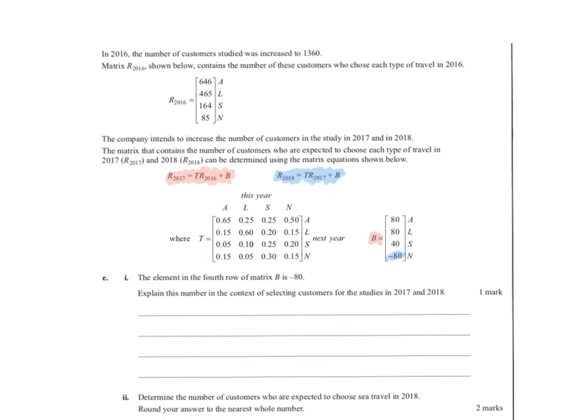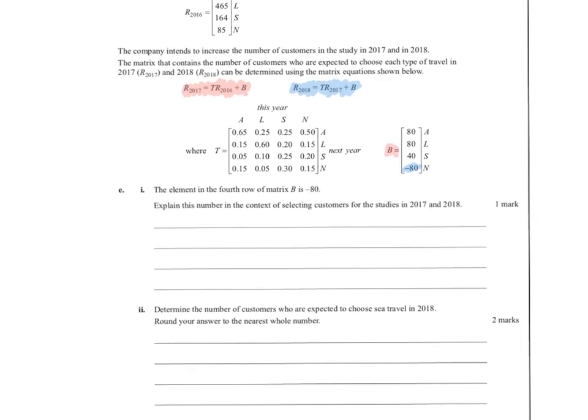That N represents no travel. The common mistake here was that people said that 80 customers had chosen no travel. But if it's minus 80, that means 80 people are actually leaving the study. If it was just 80, that would mean 80 people are choosing no travel each year, but because it's minus 80, 80 people are actually leaving the study each year.